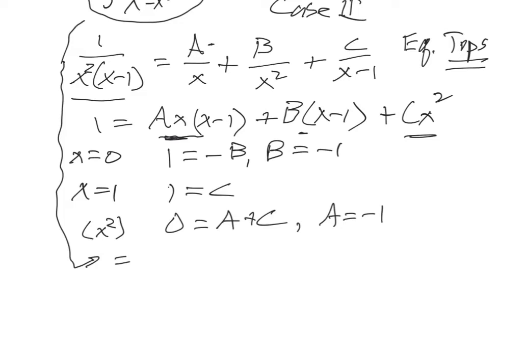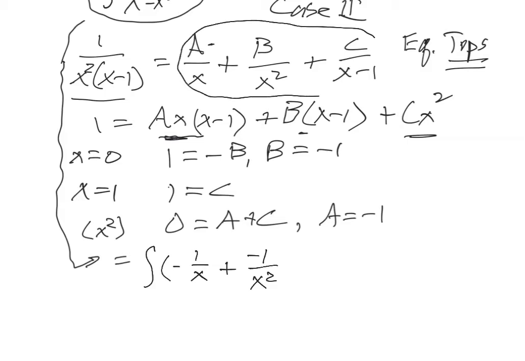A was -1, so -1 over x. B was -1, so plus -1 over x squared. Just plugging in that guy right there, and C turned out to be +1.